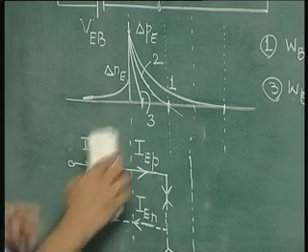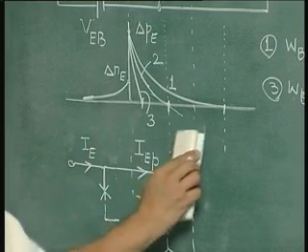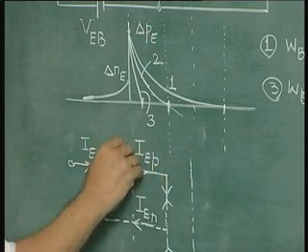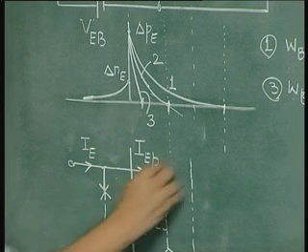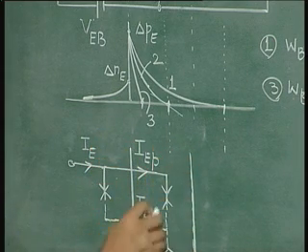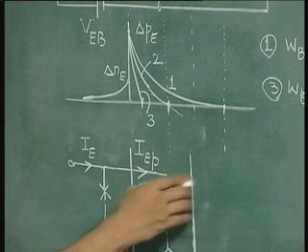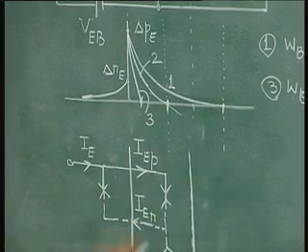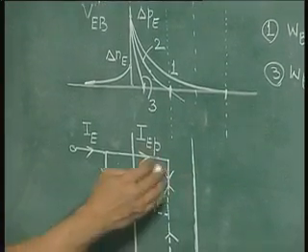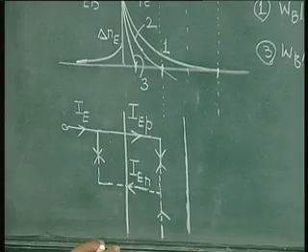So we should not try to link this diagram and this diagram. All that it means is we are going to say that this is the base region and we are going to show what happens within the base region and in the collector region. So this junction may be movable as shown here.